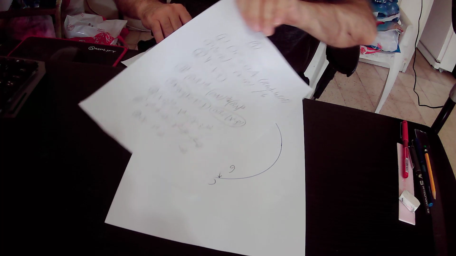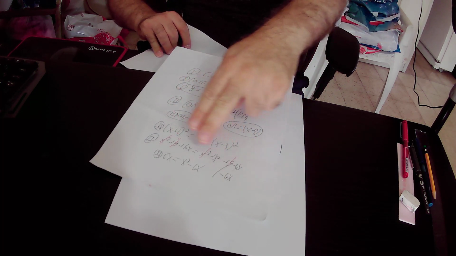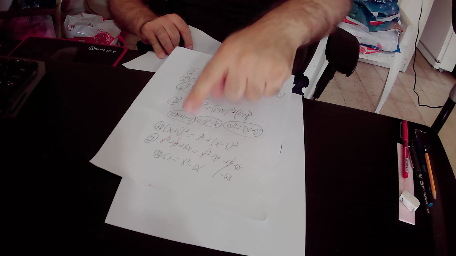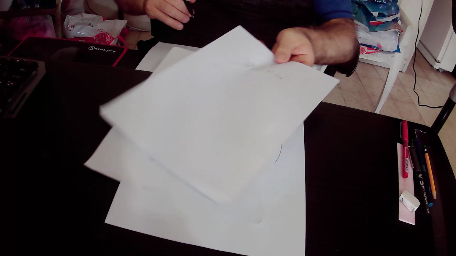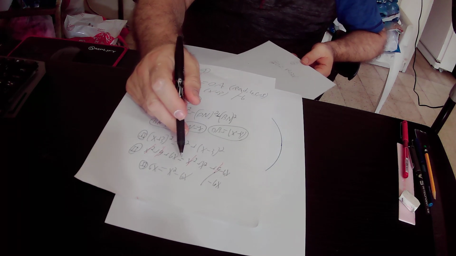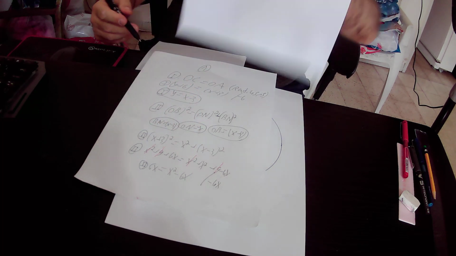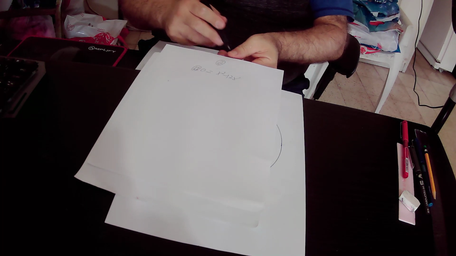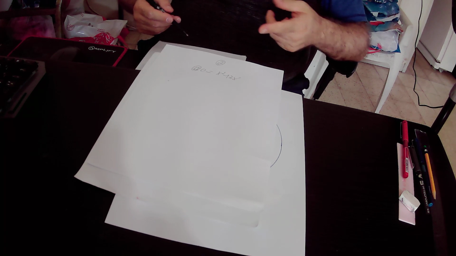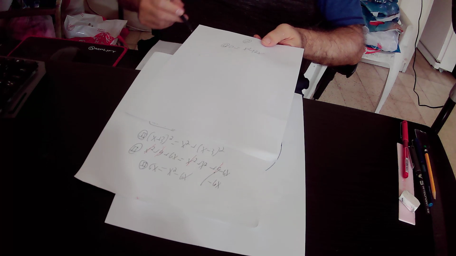So we subtracted 6x from this equation number 2. 6x minus 6x equals 0, and x squared minus 6x minus 6x equals x squared minus 12x, because minus 6x minus 6x equals minus 12x, so in total we got x squared minus 12x.